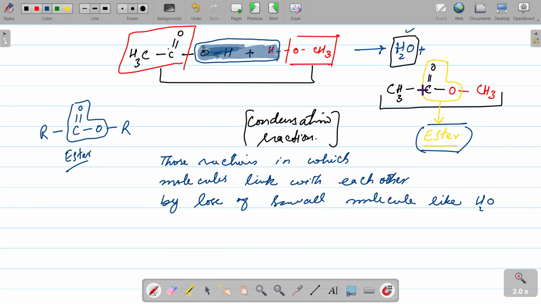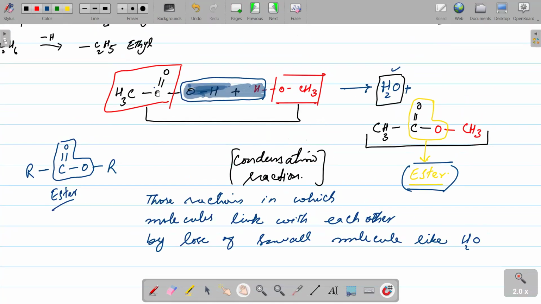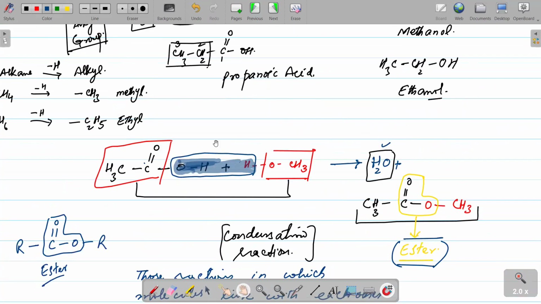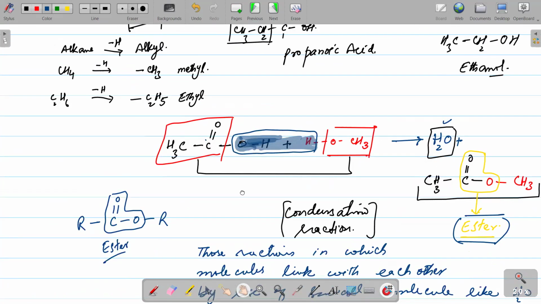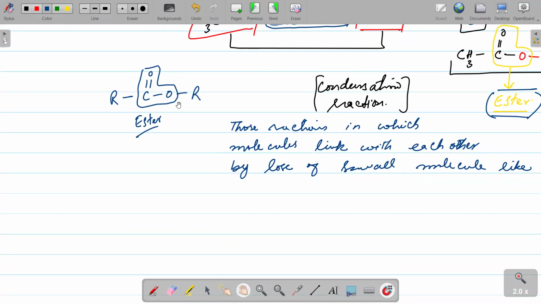It's a very important point to note that this C double bond O and O is present in between two carbon chains, R and R. It will always be in the center of the molecule, not at the terminal part, or you can say at the end of the molecule, like you saw in carboxylic acid. C double bond O and OH was at the end of the molecule, isn't it? This carboxyl group. So ester will always be in the chain of the molecule.